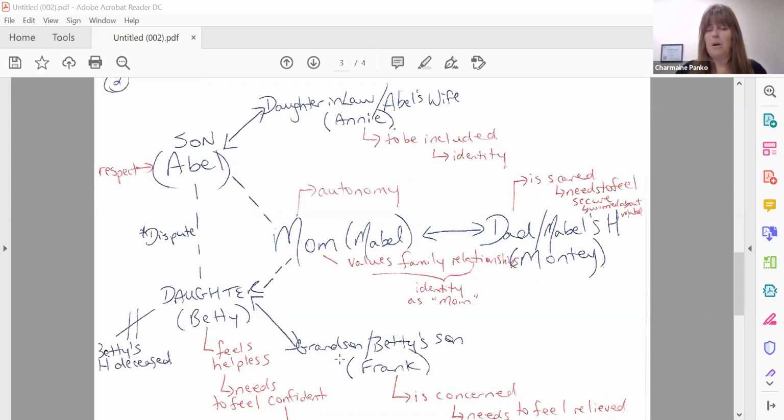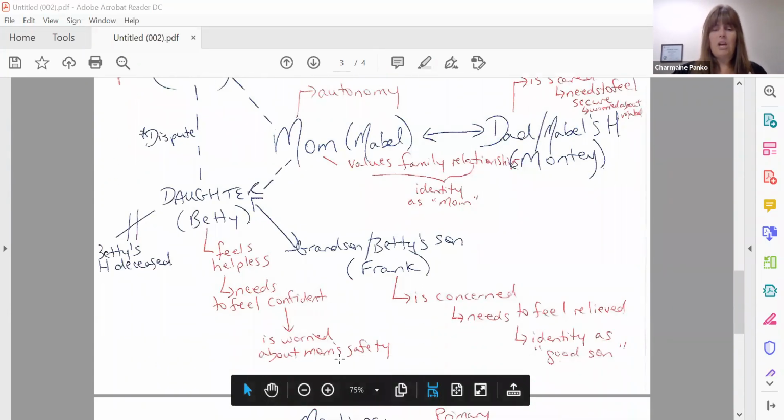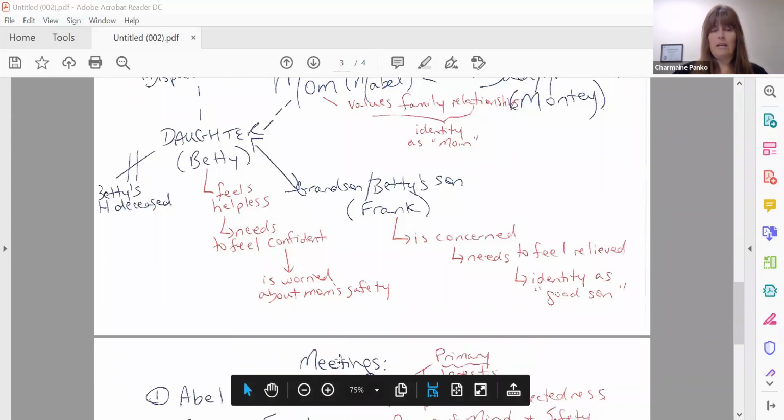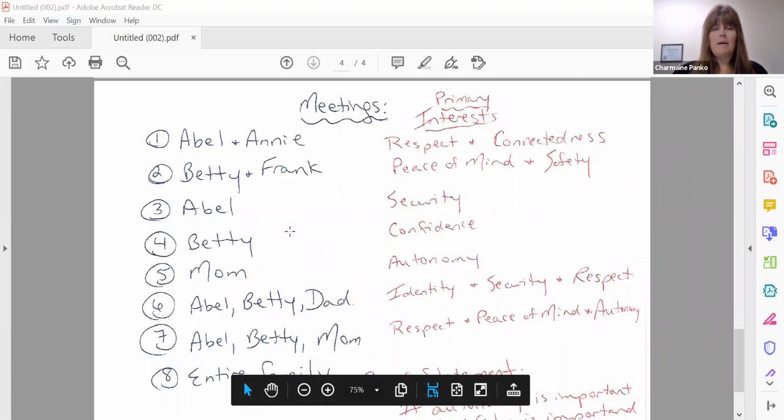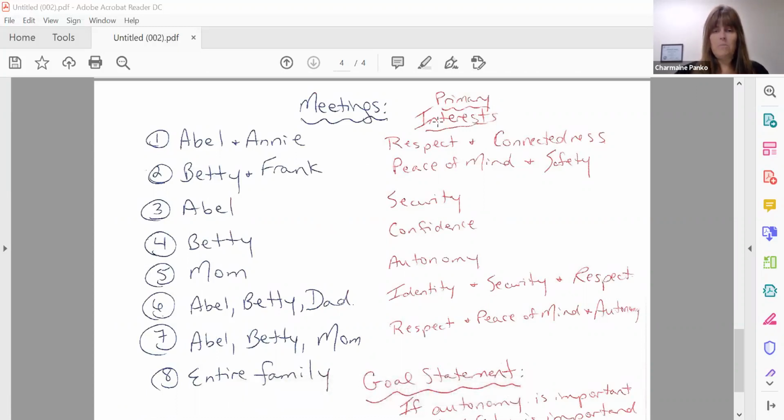So these might simply be my working notes: here are the things I'm picking up on that I think are important to the various people that are part of this system. These are just my hunches, and I'm checking in with the folks throughout the whole mediation process. But coming out of the meetings, after I've explored further with them, and if it's ultimately determined that these are the primary interests of various people in different configurations, I'll make these notes to myself.